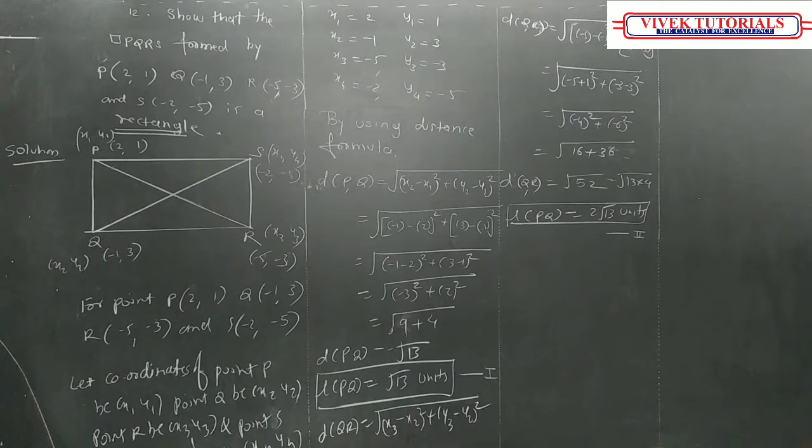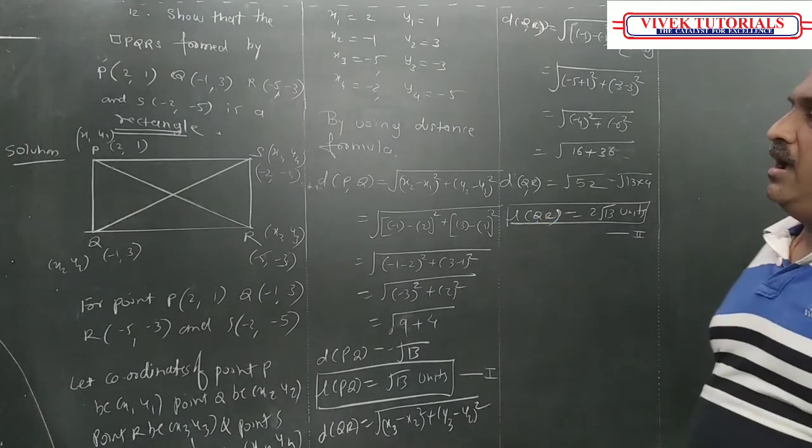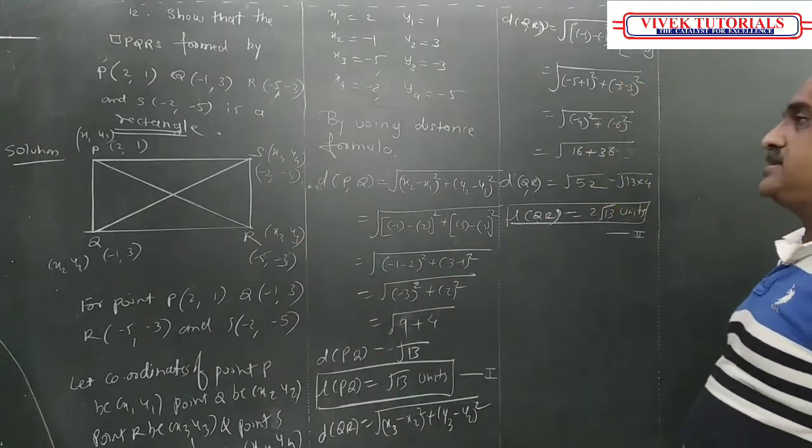After that, we got length QR. Once we got QR, we are going to find length RS.